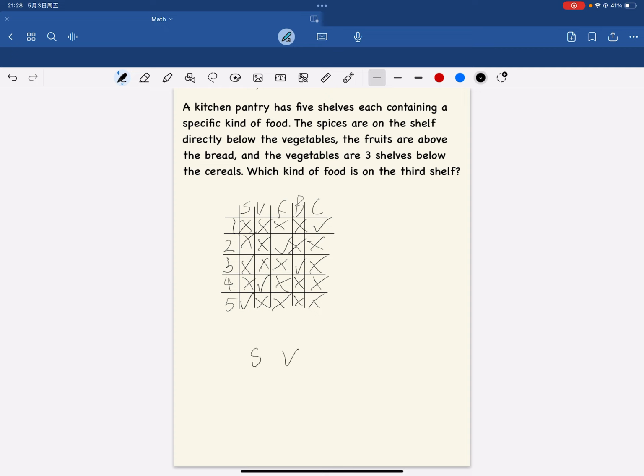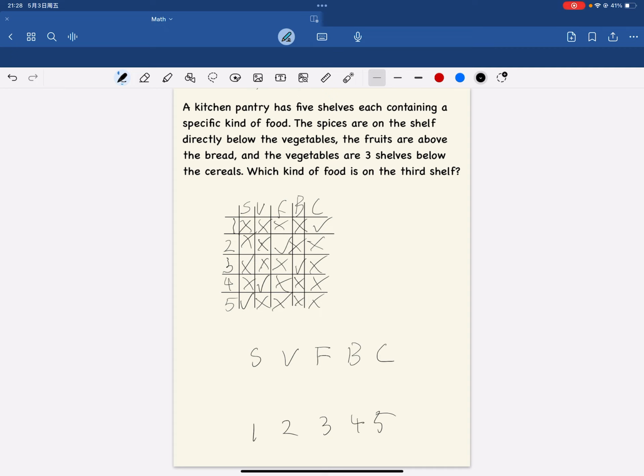Spices, vegetables, fruits, and bread, and last the cereals. Then we write the layers 1, 2, 3, 4, and 5. So it's basically the same strategy, but you're showing your work differently.